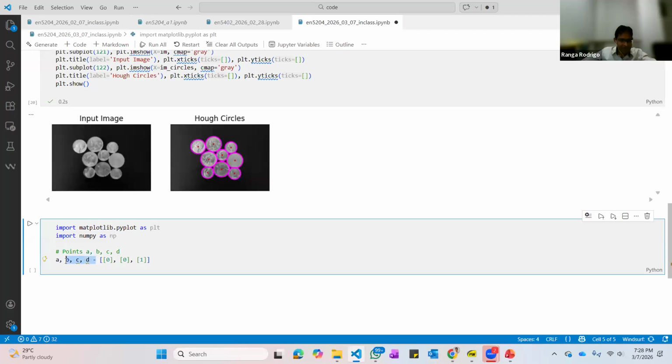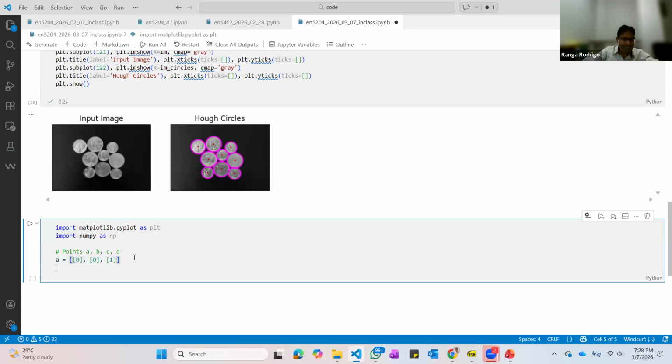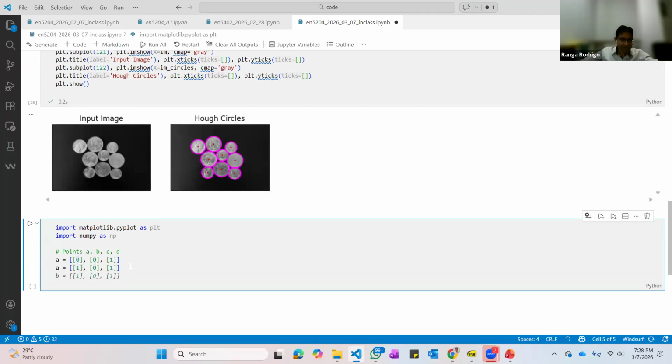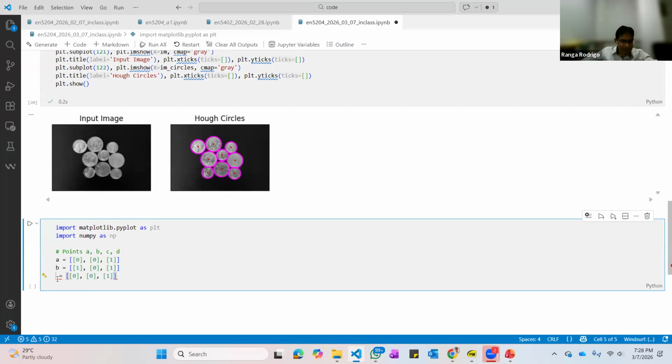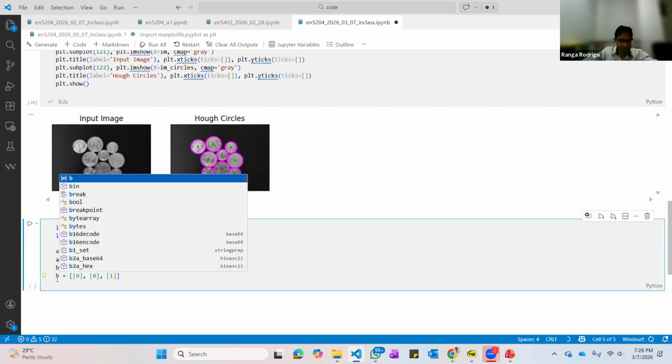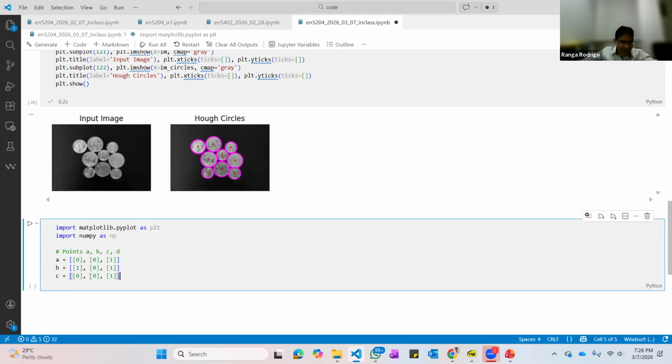Is it too complicated if I write all these things together? Yes, it is, right? So we define A first. A is like that. Then let's define B. For B, the x coordinate has changed to 1. And then C, this is point number C, where both the x and y coordinates are 1.